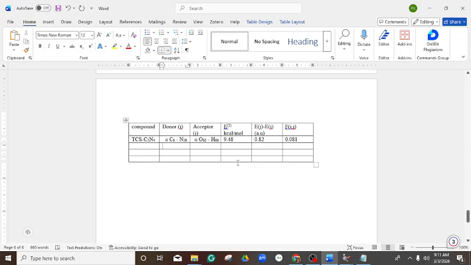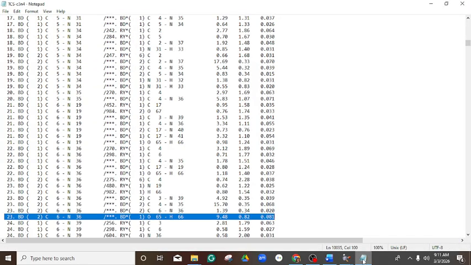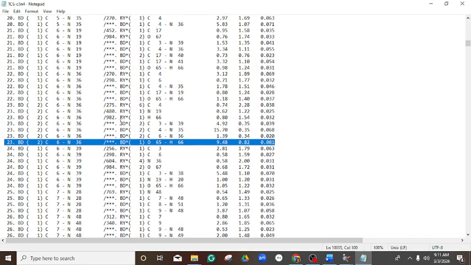For NBO, you can pick as many interactions as you want, depending on the concept of your work. It depends on how many compounds you are working with. If you're working with 10 compounds in a study, I'll advise you to pick one per compound, because you don't want to overload your work, and you are still going to discuss your results.